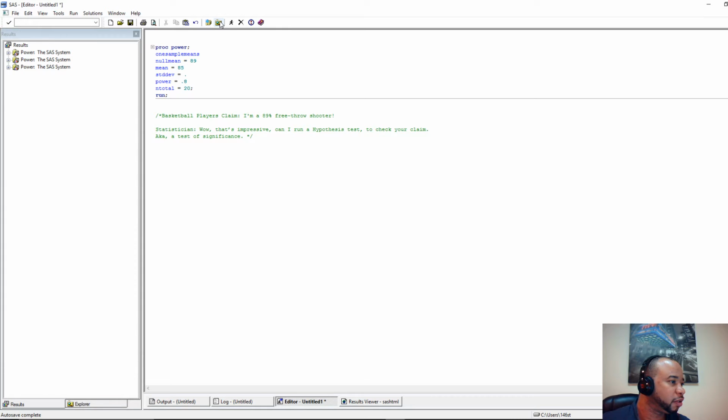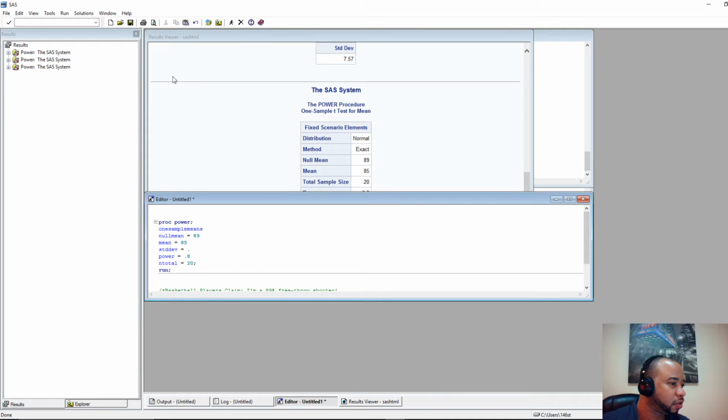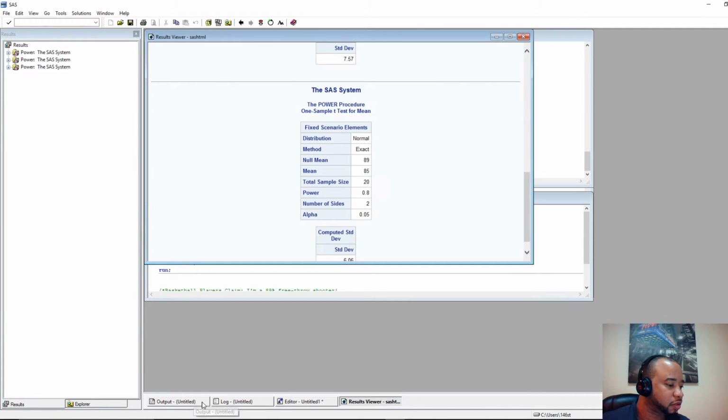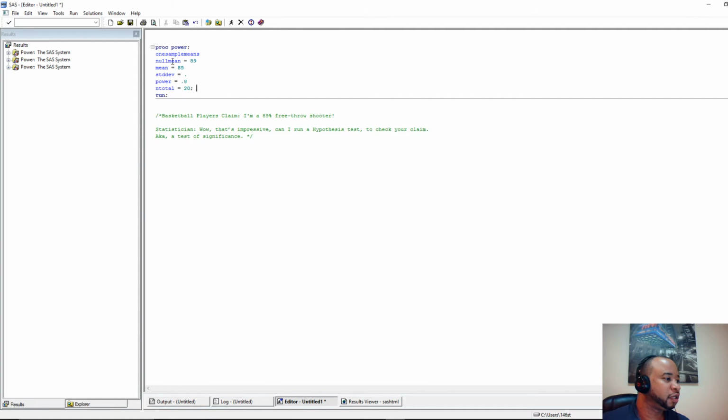Trying to make it a little bigger. We'll just stick with this. So what I have here is that let's assume that our null mean is 89. The testing mean that we tested was 85. We don't know the standard deviation, but we want our power to be at 0.8, and the sample size was 20.